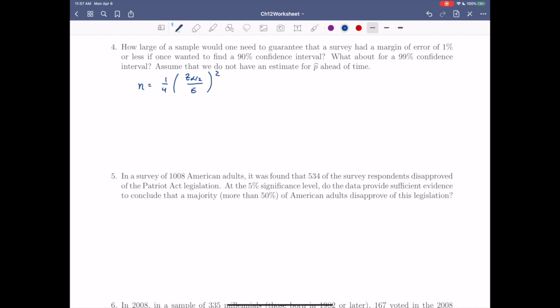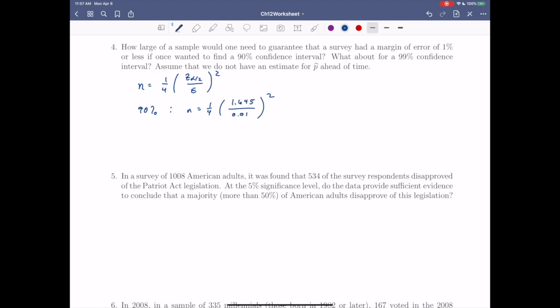If we have a 90% confidence interval, our n is going to be 1/4 times z sub alpha over 2, which is 1.645, divided by our margin of error, which we want to be 0.01, all squared.